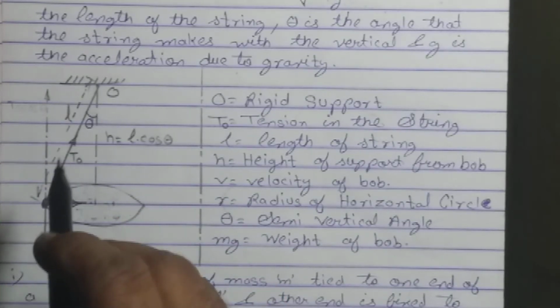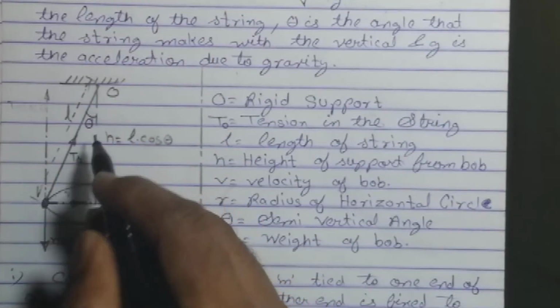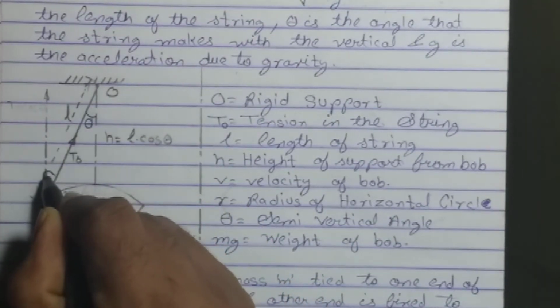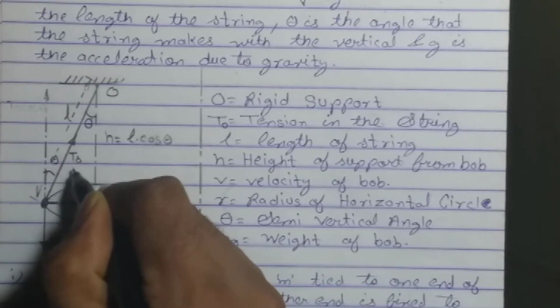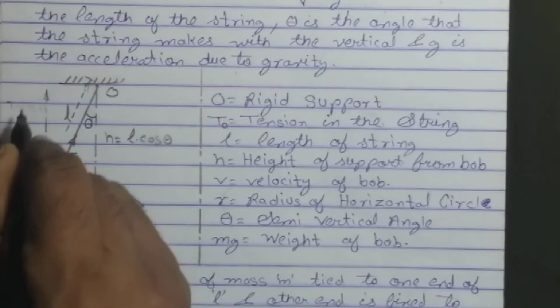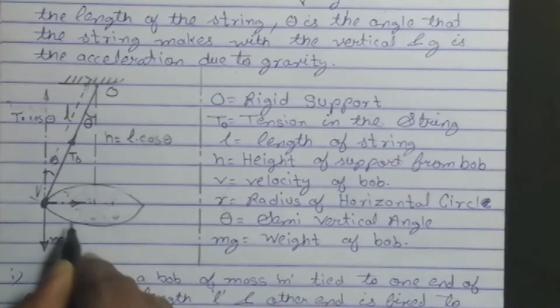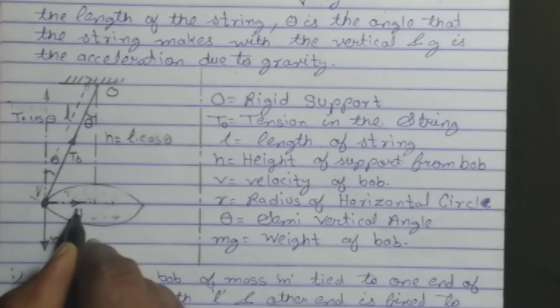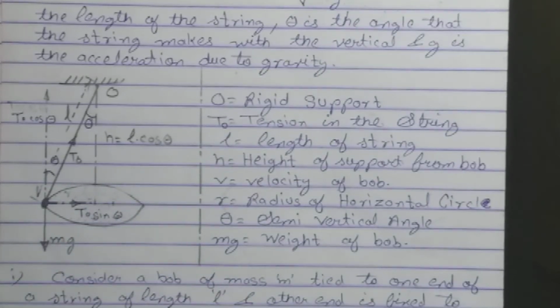Students, this tension makes an angle theta with the vertical. So we are going to resolve T0 into a horizontal component and a vertical component. The vertical component is T0 cos theta, and the horizontal component is T0 sin theta, according to geometry.